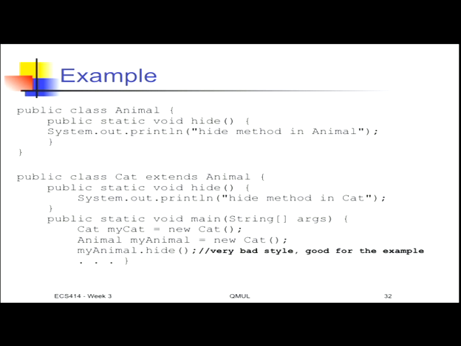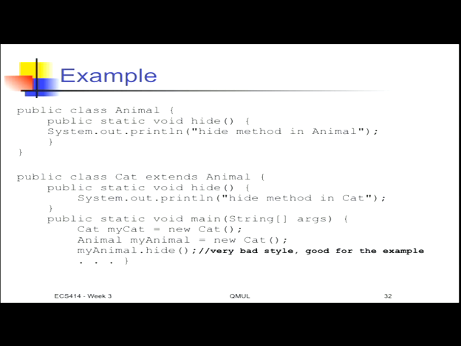That is not an instance method; it is a class method hide that just prints something. And now consider a subclass of Animal, say Cat. Again, we have a method with exactly the same signature, the same declaration, public static void hide. And now this prints something else, the hide method in Cat.